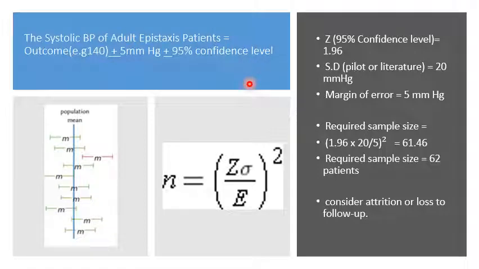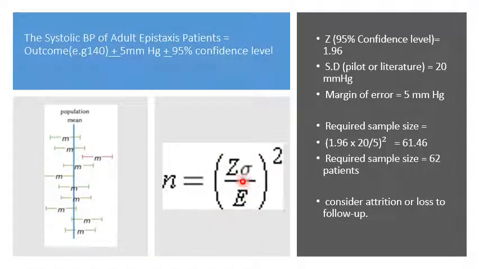If you just want precise measurements of the systolic blood pressure in this group, then you use the first equation, and then you will be able to tell that the systolic blood pressure, for example, is 140 millimeters of mercury with a 5 millimeters of mercury margin of error at a 95% confidence level. You get this out of this equation.